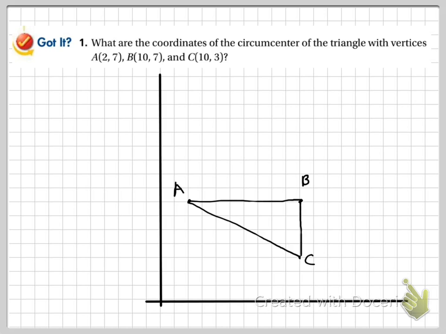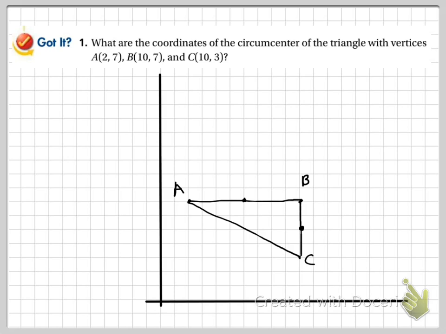So I need to find the perpendicular bisector. The first thing I'm going to do is find the midpoints. So there's a midpoint. Oops. And there's a midpoint. Here's the deal though.